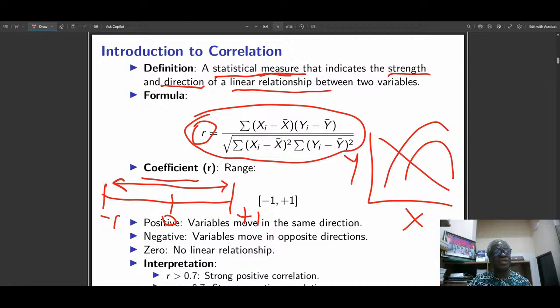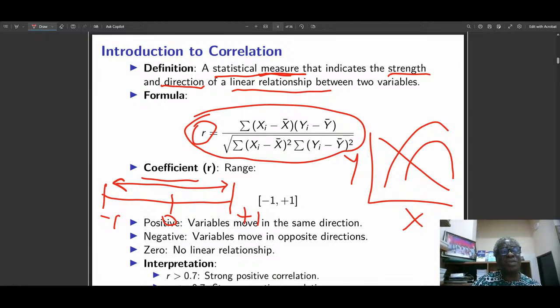It cannot be less than -1, and it cannot exceed +1. It can't be greater than +1. So it's a measure that can take values between -1 and +1. And in that range, 0 is there.